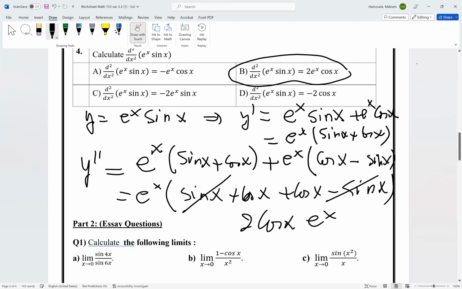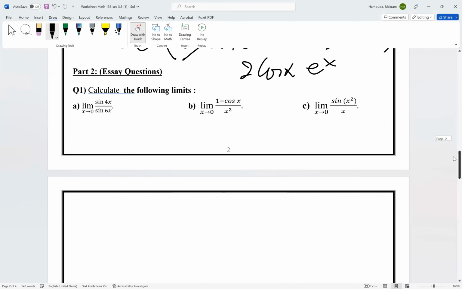And now we will move to essay question. And we compute the limits. Remember that I have this small r here. When I write r like that, it's a recall of the formula in the lectures.